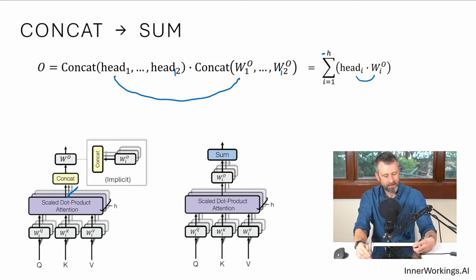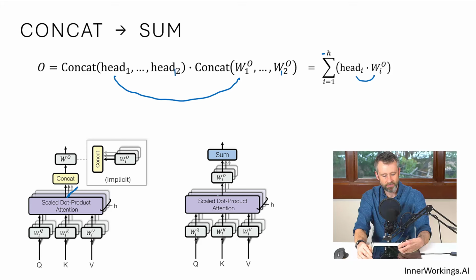And then in order to finish our explanation of attention, we have to concatenate all the heads. We've got to bring in the topic of multi-head attention in order to finish the process. But if you break it out into a sum, you recognize that each head is really its own independent process.